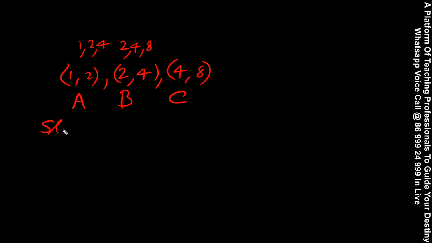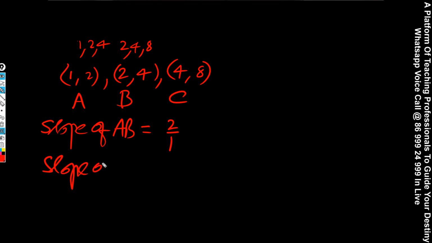Slope of AB is equal to 4 minus 2 by 1. What is the slope of BC? 8 minus 4, 4 by 2. The two slopes are equal and hence they are collinear.